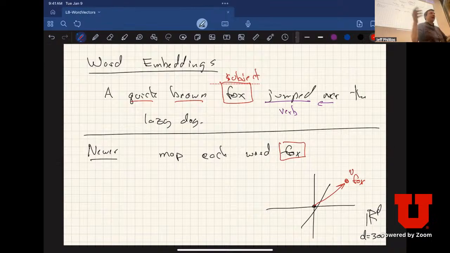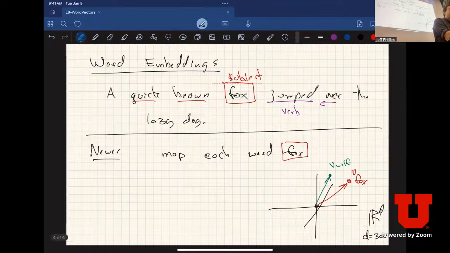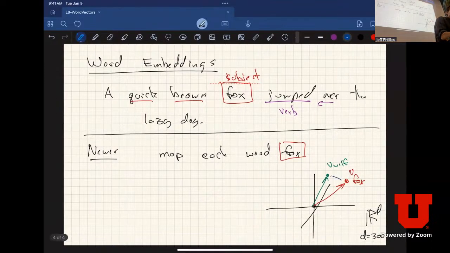Okay, and then the idea is that if I have a similar word, let's say wolf, maybe the wolf vector is somehow close to the fox vector. The wolf and fox are maybe similar types of animals.